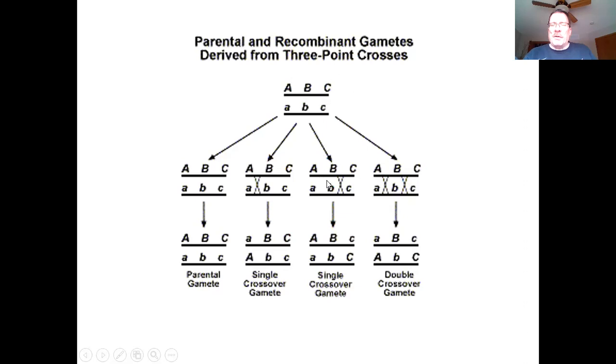You can have crossing over between B and C, that's a single crossover. And you can have crossing over both between A and B and between B and C. That's called a double crossover. And those are the events you use to determine the order of genes.